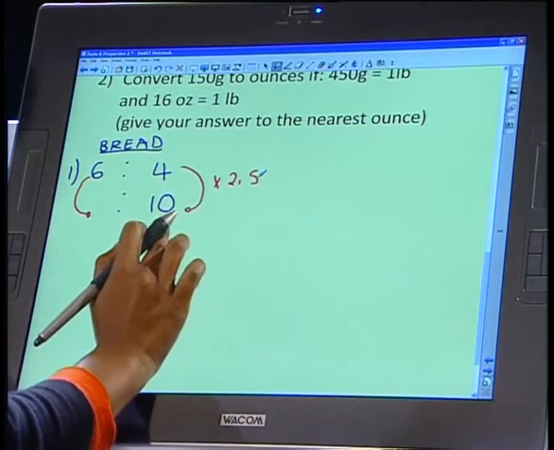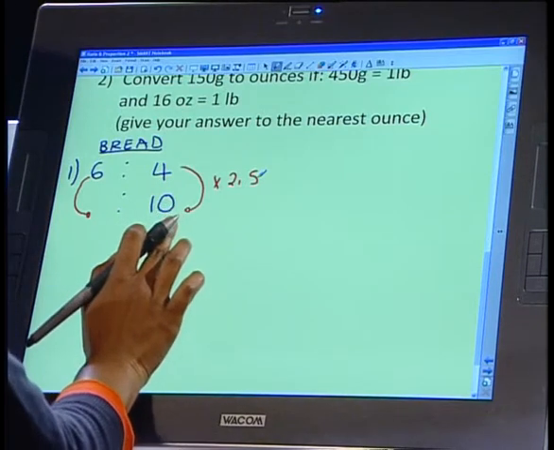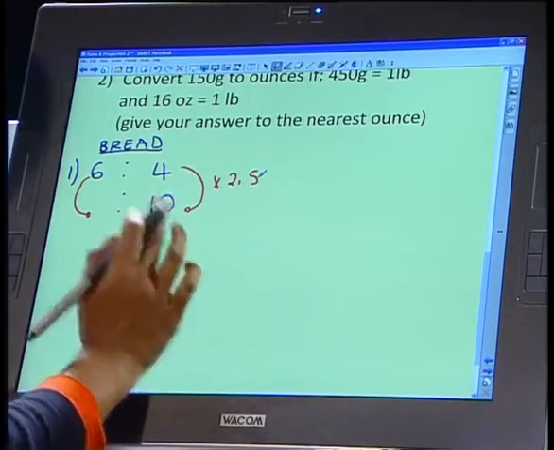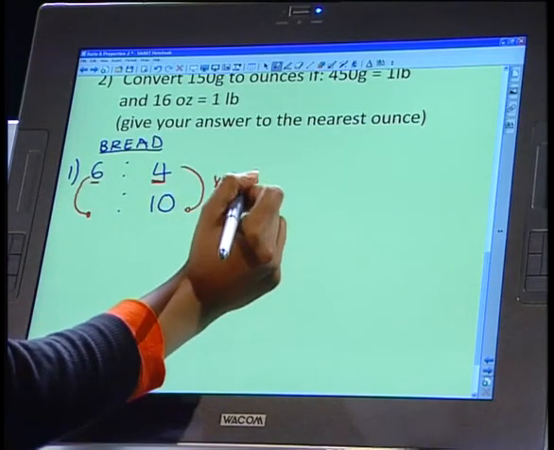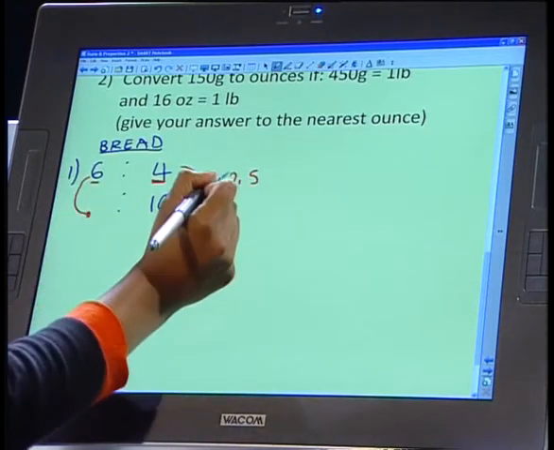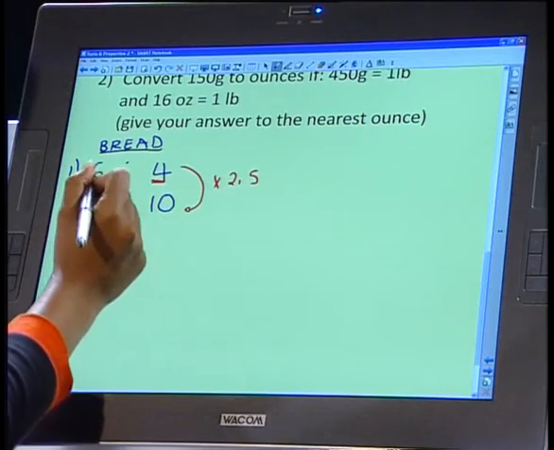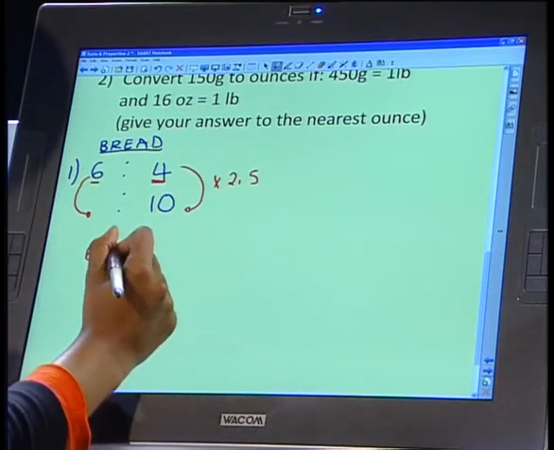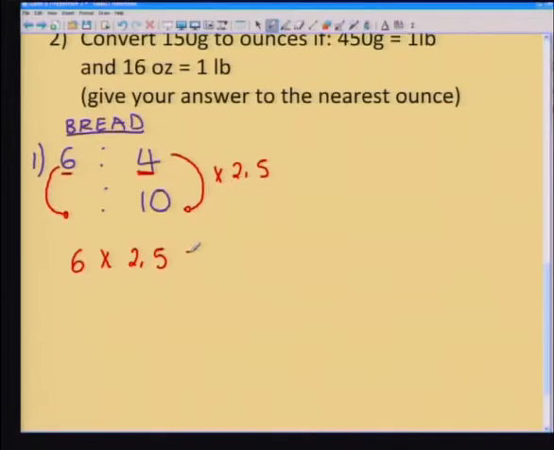is 10. Remember though, we can simplify or multiply ratios and keep them equivalent if we multiply both numbers by the same factor. So since I've timesed this 4 by 2,5, I need to do the same thing to the 6. I need to say 6 times 2,5, and this will tell me how many slices of bread I need.